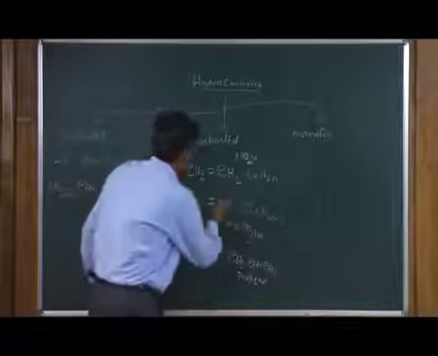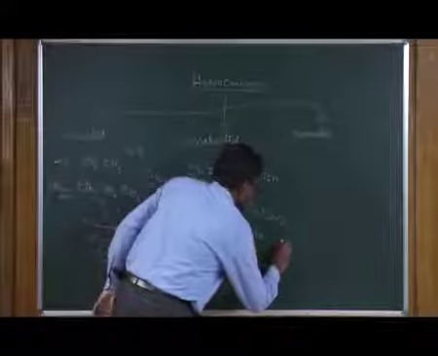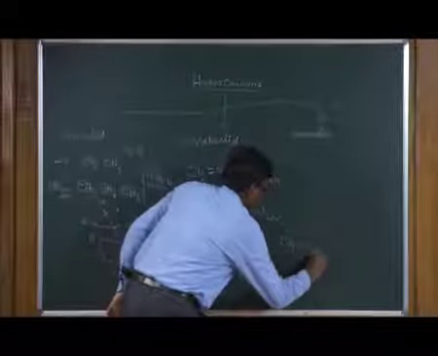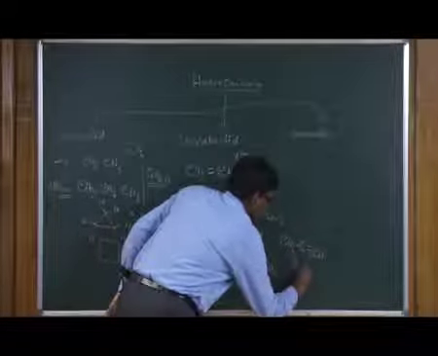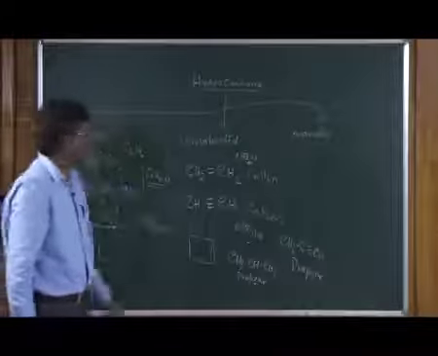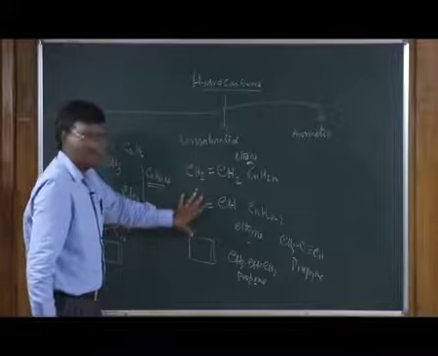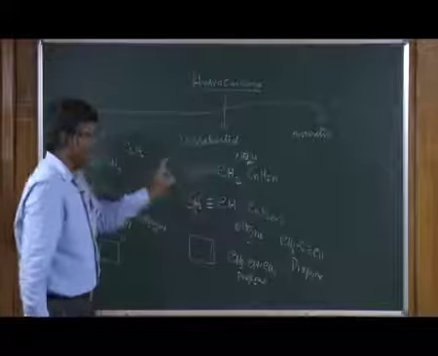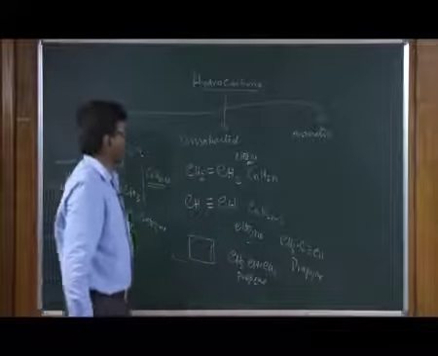If you have the corresponding triple bond, then propyne. You can go on. Anyway, these are the examples of unsaturated hydrocarbons. And if you look at all the compounds, they have only carbon and hydrogen atoms.